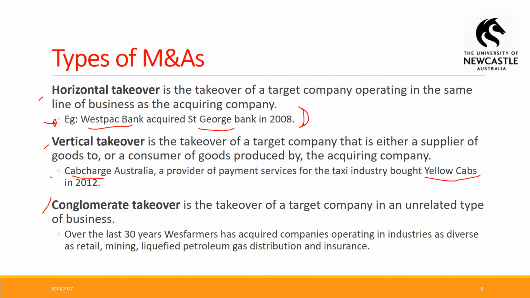One argument for vertical mergers is, say you have a supplier that provides the key technology for your products, and you don't want your competitors to have a hold on that technology. You can internalize the production of that technology by buying the supplier.